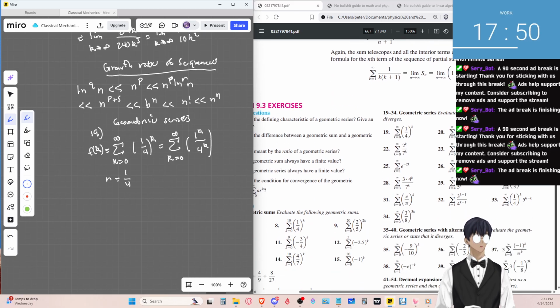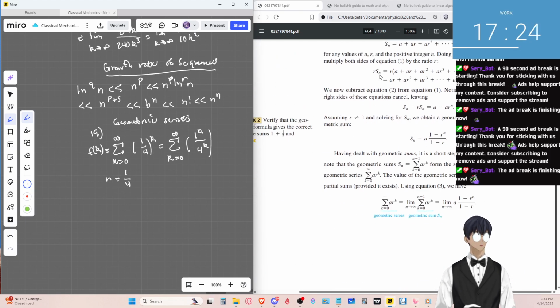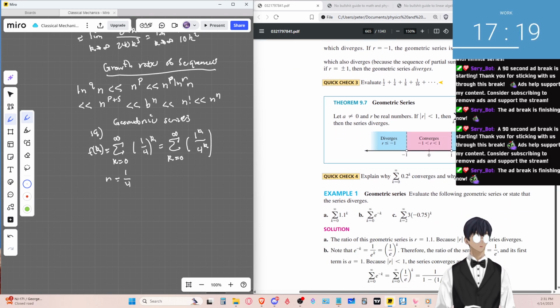So technically 3 over 5, so that'd be 0.6. Yeah, 0.6, and so that's less than 1. So this will converge. And I think there was a formula that you can use for geometric series. So in this case, a would be 1.